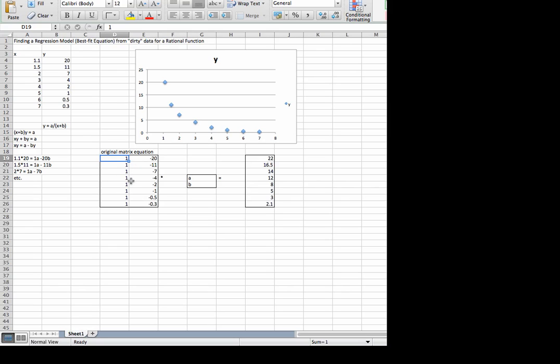Okay, it's not a square matrix. So we're going to have to square that up. We'll do that by taking the transpose of this, and if it's an 8 by 2, this is going to be a 2 by 8.